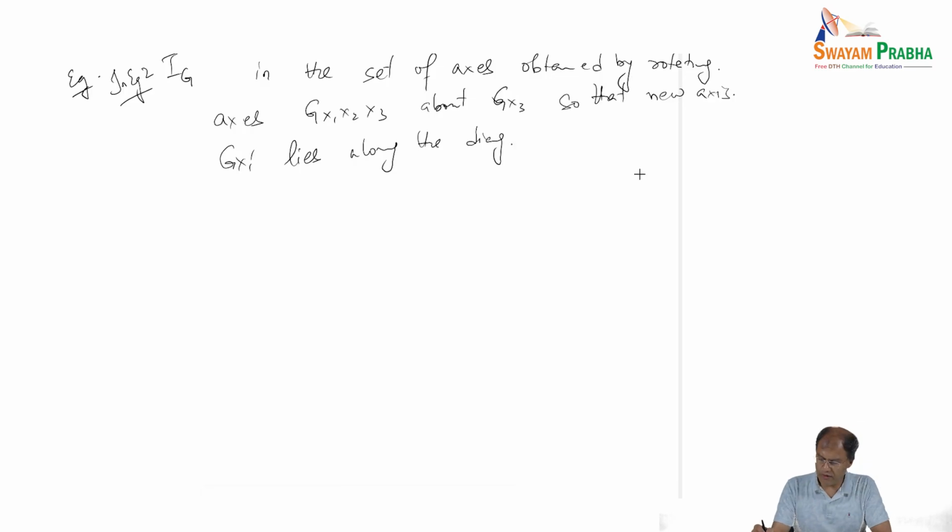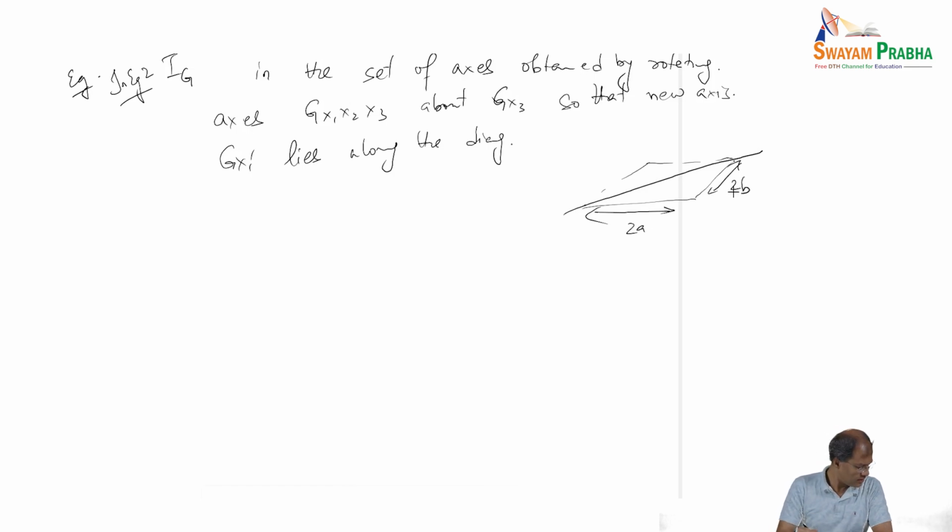So we have the same plate of dimensions 2a and 2b, and the new axis of rotation is along the diagonal.